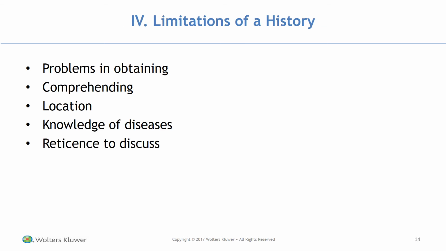Okay, limitations of a health history or a history in general, dental or medical, social. A lot of times we're going to get an incomplete or inaccurate reading due to several different reasons. One may be a problem in the way that it's obtained or how the questions are worded.